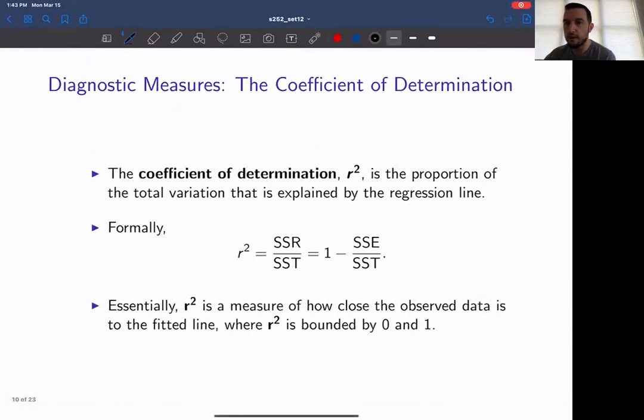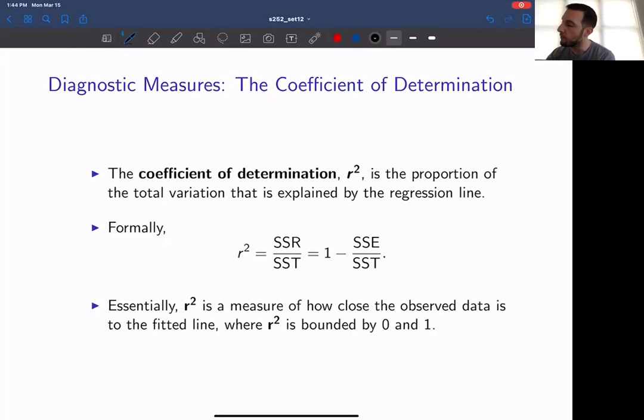The coefficient of determination is simply a ratio of SSR to SST, and that's equal to 1 minus SSE over SST.